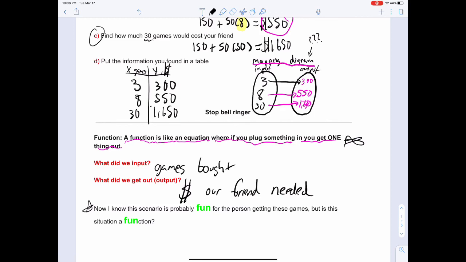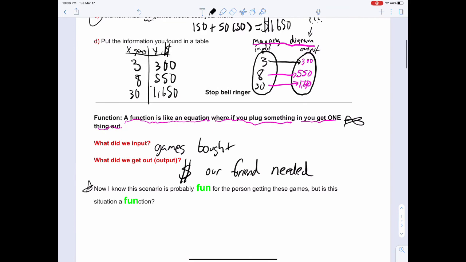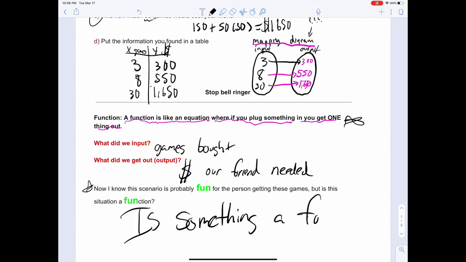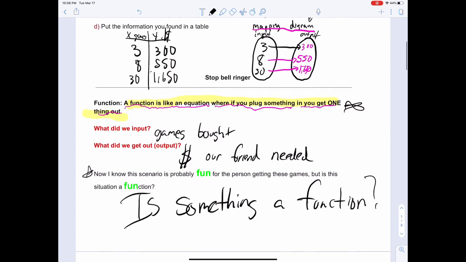I would say it looks it, but that's the big question today. Is something a function? We have to be able to identify if something matches this. So that's our question today. If you get that, you'll have Wednesday down.